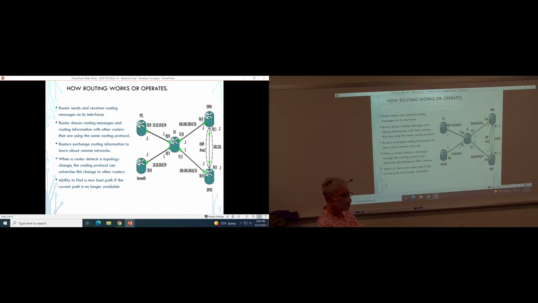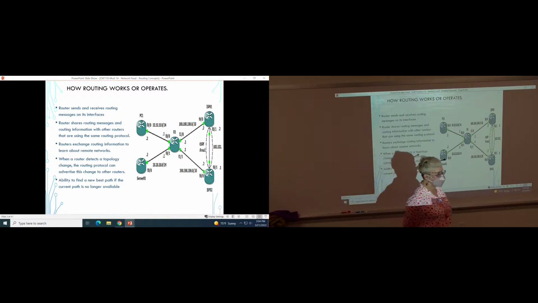The neighbor table. This might not have been in the reading, but we've talked about it. So the IP route table, the topology table, and the neighbor table. It keeps track of those 3 things.